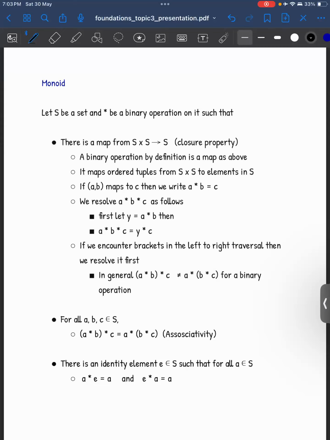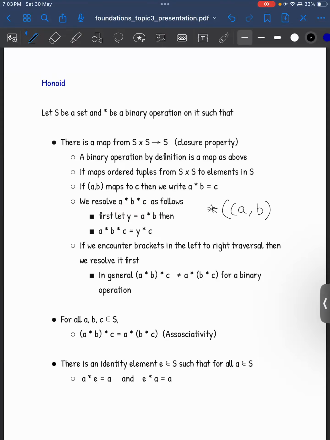Another convention is how we resolve expressions involving multiple operands. For example, suppose you encounter A star B star C. This is really composition of map corresponding to the binary operation star. That is, you can write it as star of the input A comma B tuple.